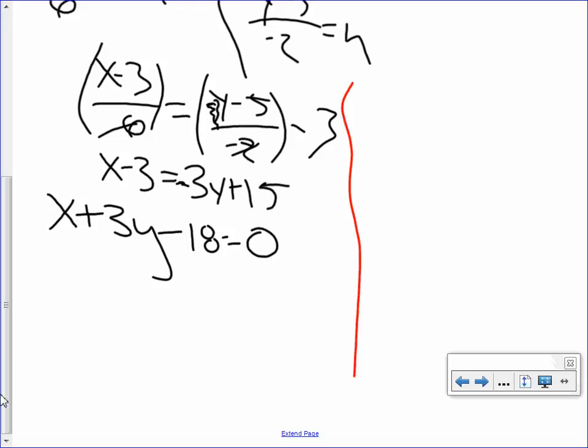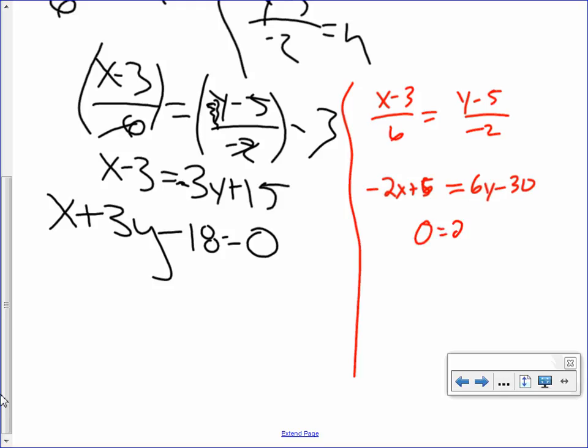So, starting over, x minus 3 over 6 is equal to y minus 5 over -2. That'd be -2x plus 5. 6 is equal to 6y minus 30, right? And then setting it equal to 0 is 2x plus 6y minus 36, right?